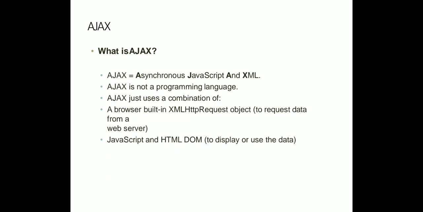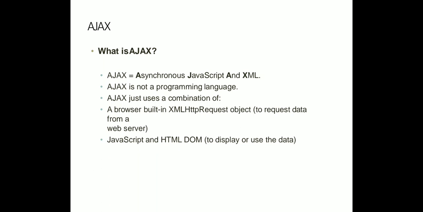Let us see with an example what Ajax is. Ajax helps you make your web applications more interactive by retrieving a small amount of data from the web server and then showing it on your application. You can do all this without refreshing your page.